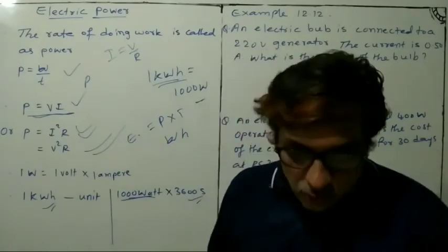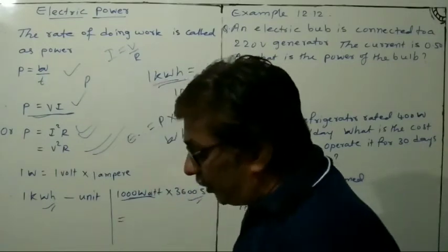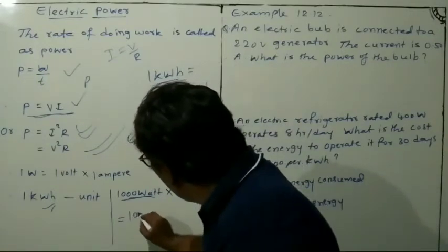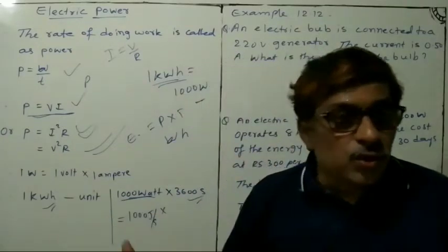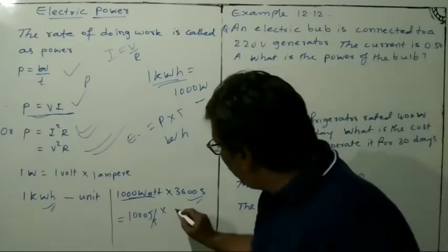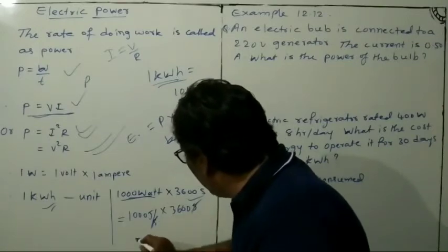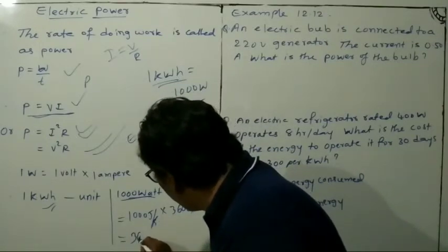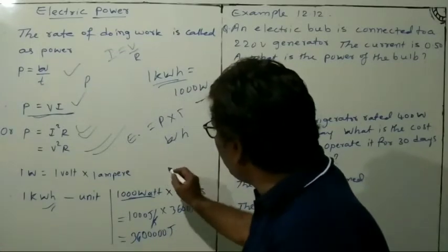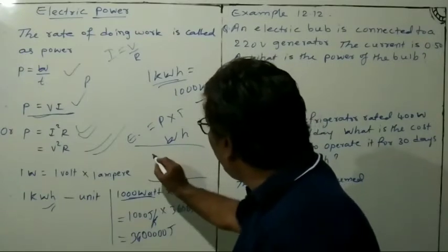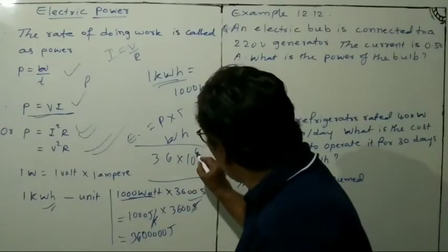So how can we change it into joule? You can convert like this: 1 kWh is equal to 1000 joule per second multiplied by 3600 seconds. So the second will be cancelled, and you write 3,600,000 joule, which you can write as 3.6 multiplied by 10 raised to 6 joules.